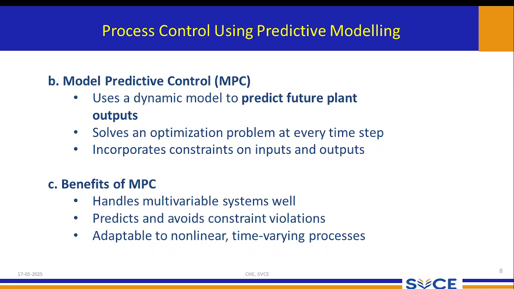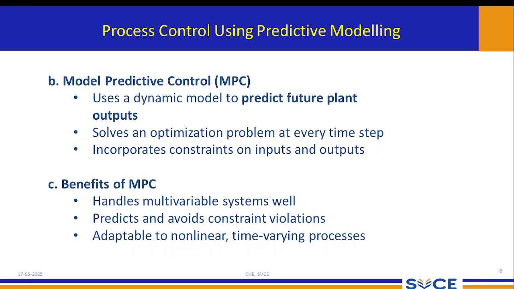It handles multivariable systems well. For example, you are collecting data from a distillation column: different parameters like feed temperature, feed flow rate, reflux ratio, pressure and temperature inside the column, the number of stages, reboiler duty, and condenser duty. All of this data can be taken.